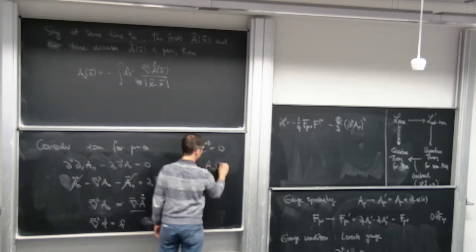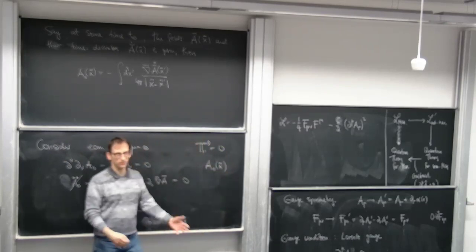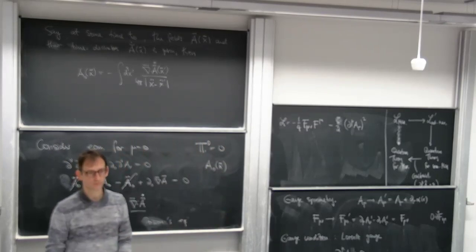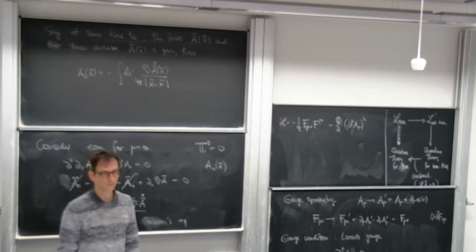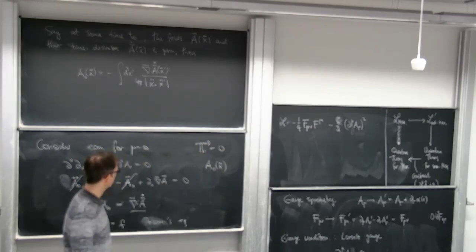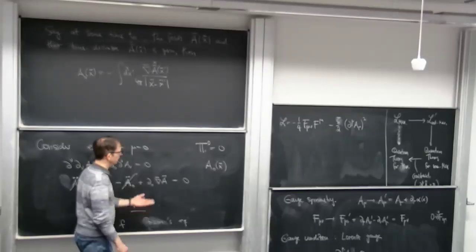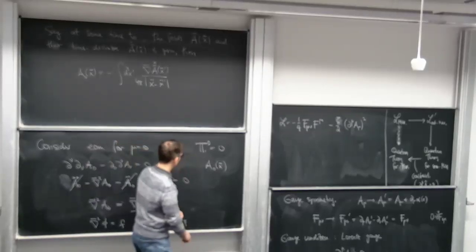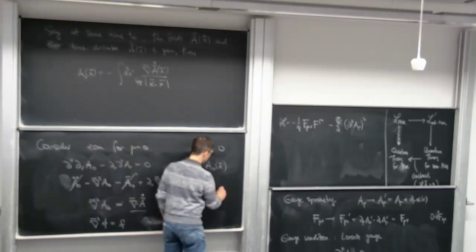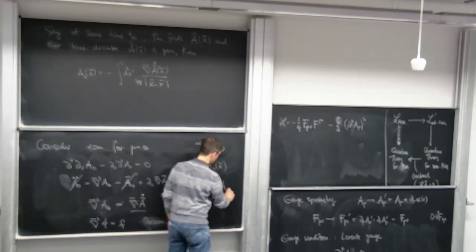This is a nice field like the others, but it doesn't have a conjugate momentum. It's not the same as the others. It behaves differently. In the Lagrangian, there wasn't any time derivative.